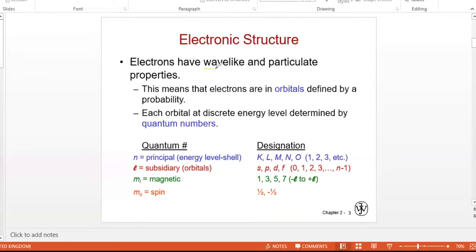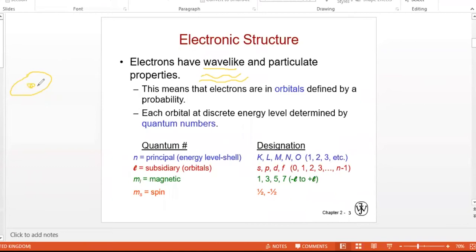Wave-like means a wave, something like this. You might have seen the sea; this is a wave. So in a cloud, if you take this as a nucleus, the electrons would be rotating in this orbit.